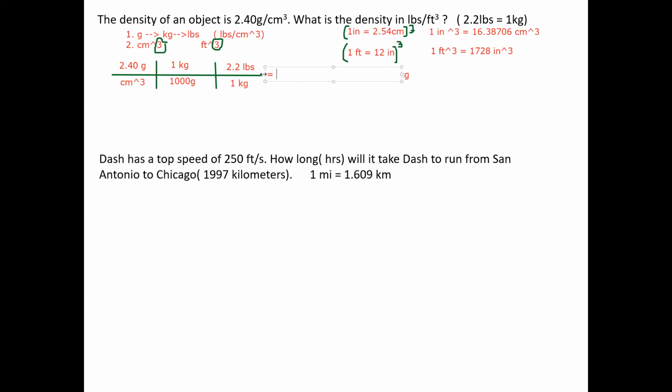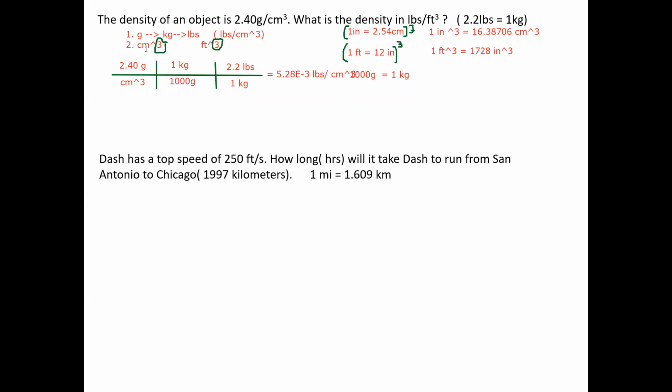And so we get 5.28 e to the negative 3. Now with my calculator, it only gave me 0.00528. That's all the digits it gave me. So that's what I put in the answer. So this is pounds per centimeter cubed.